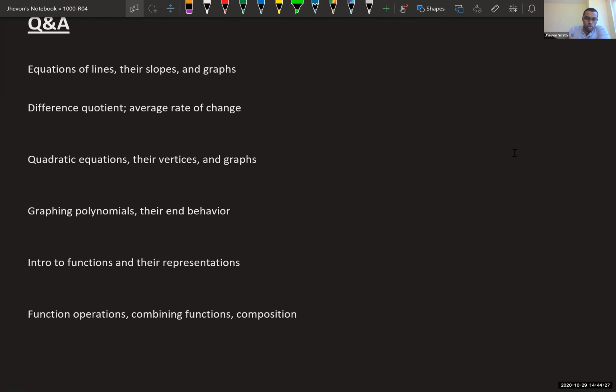Students are usually very familiar with these and usually don't have any trouble, so I'm going to assume these two are okay: equations of lines and the difference quotient and average rate of change, because those are just formulas, and students tend to be very comfortable with equations of lines. So let's actually talk about the others.